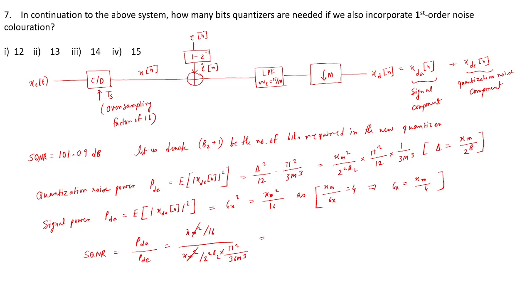Our new quantizer bit is B2 plus 1, so it becomes 2 to the power 2 B2 times 12 times 3 times M cube divided by pi square into 16.